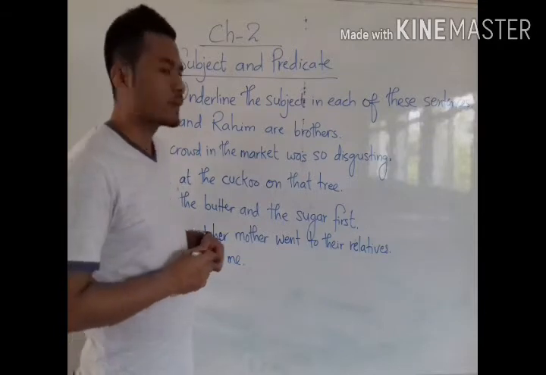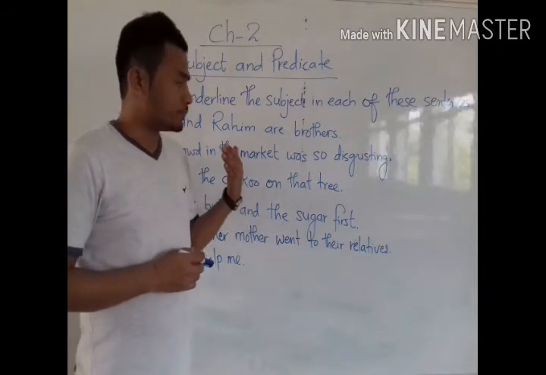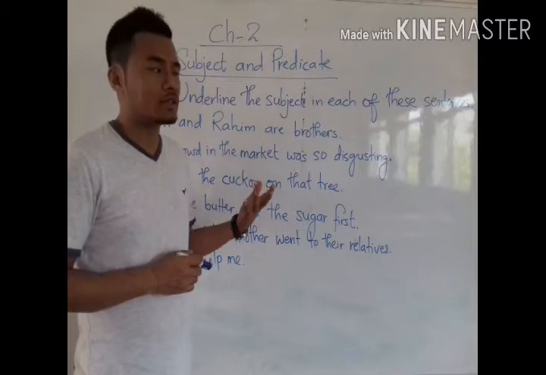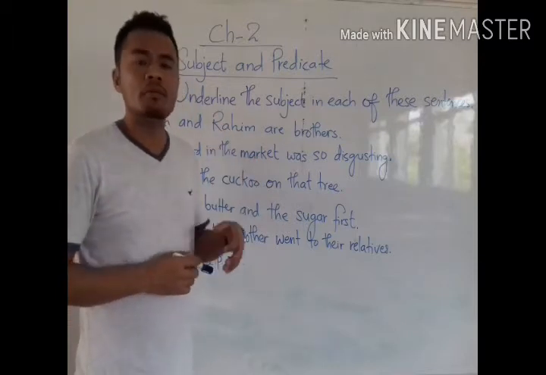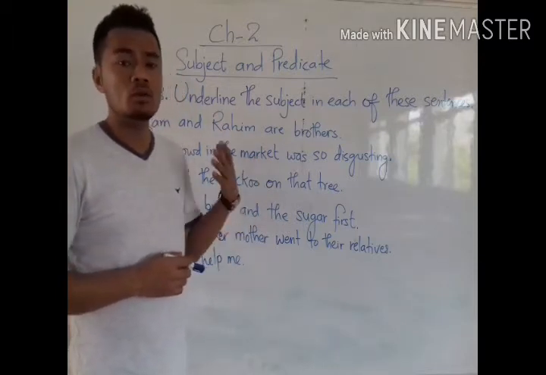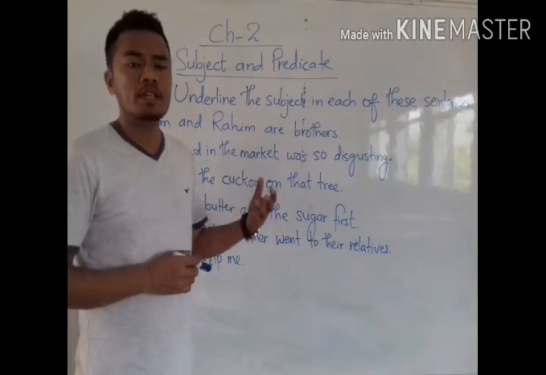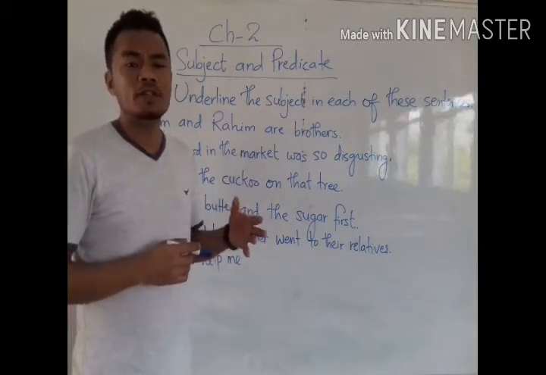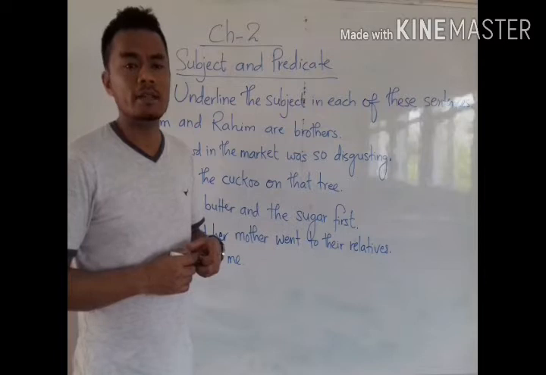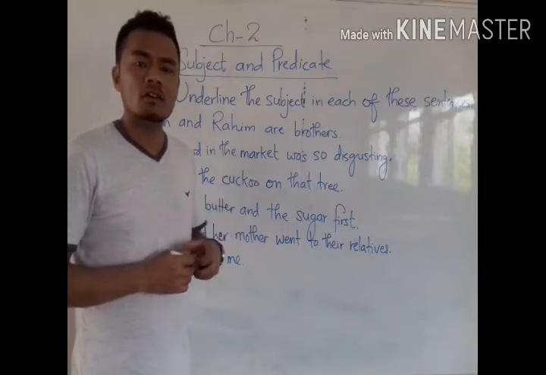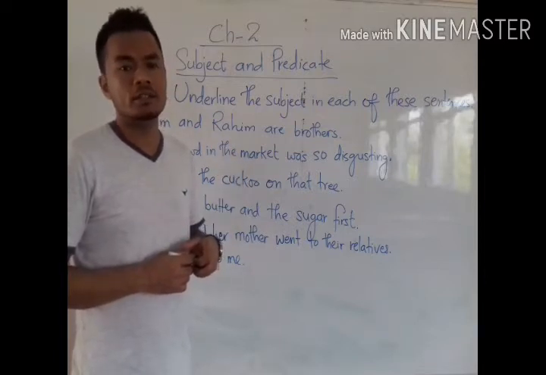Today we will continue with the explanation of the same chapter, but we will learn something more, like how to identify subjects and predicates in different kinds of sentences, like sentences according to function.